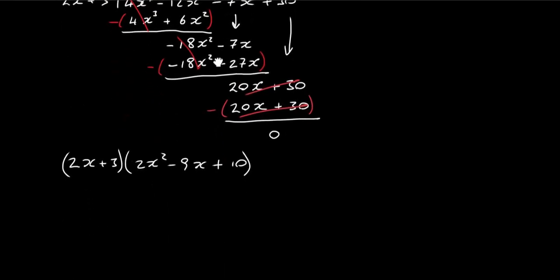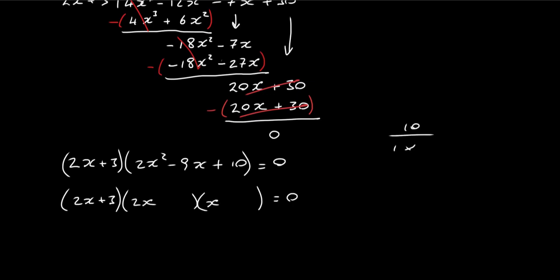So in other words, what we've got to do here is let this equal 0. You can see here that we've got a 2x plus 3 as one factor in its simplest form. Here we've got a quadratic, which is a factor. We can simplify that further into two other factors. So let's factorize it. You've got 2x times x. We have a 10 at the end there, which can be 1 times 10 or 2 times 5. 2 times 5 is going to work here to give us a 9.